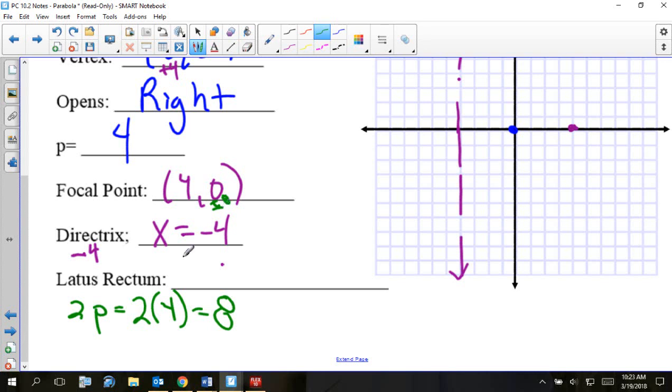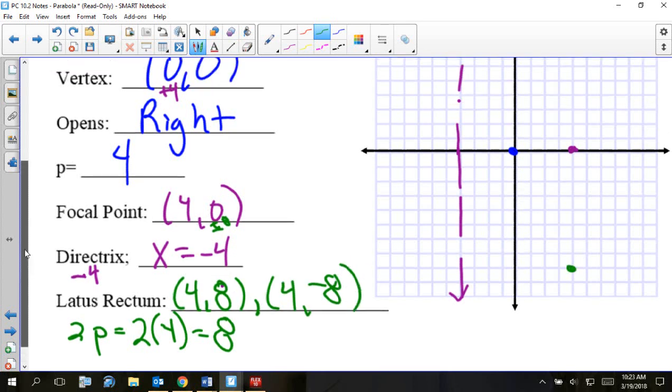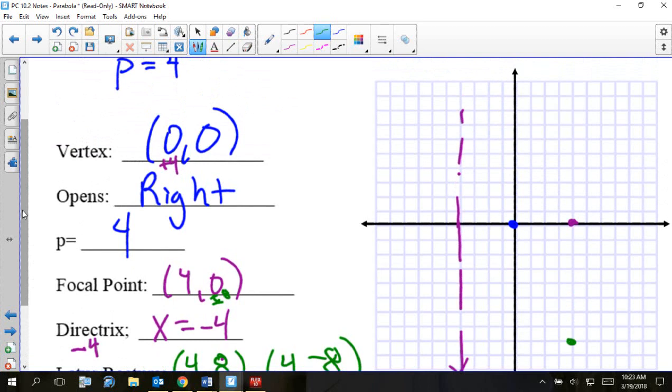So I have (4, 8) and (4, -8). And then you draw a parabola.